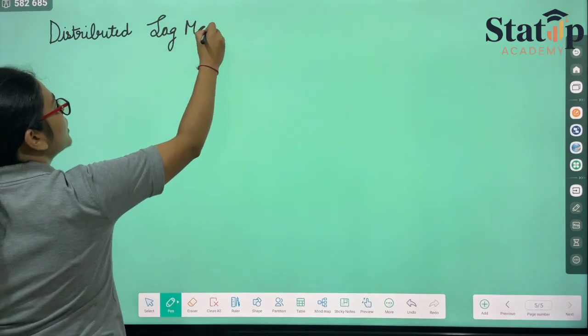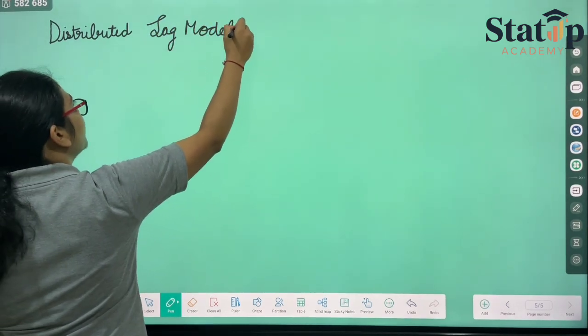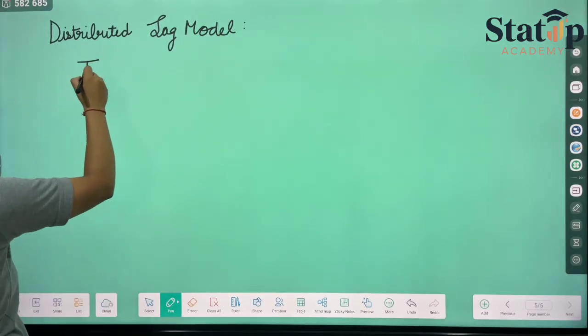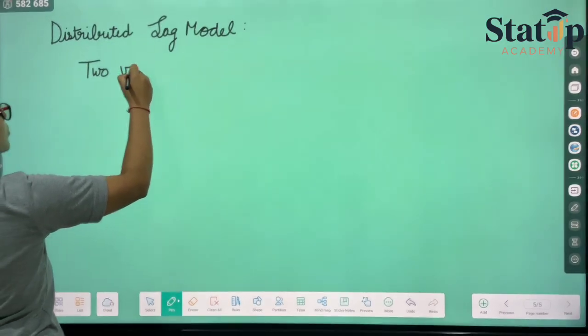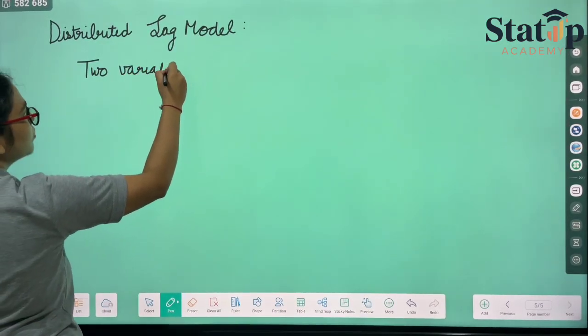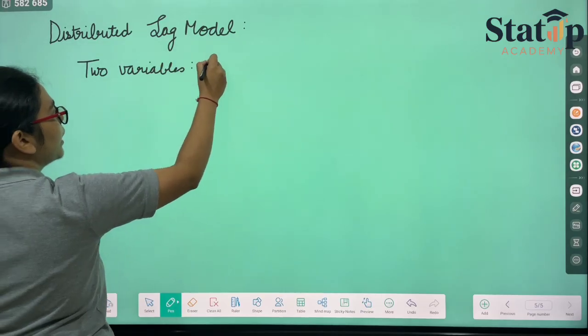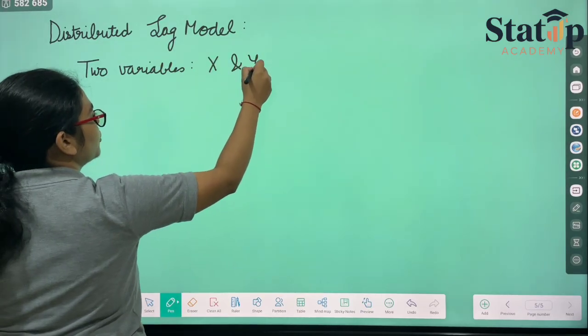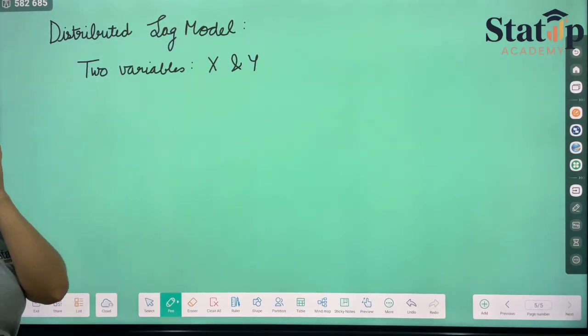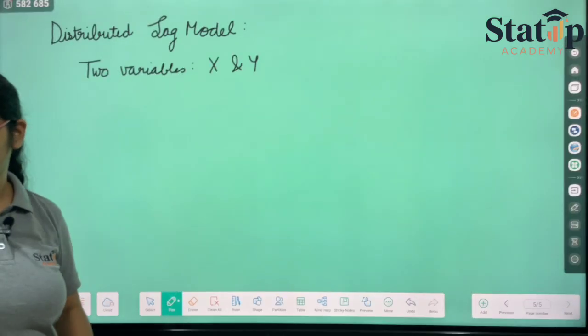What is a distributed lag model? Here we have two kinds of variable, x and y. You can take a or b or any variable; we are taking x and y.